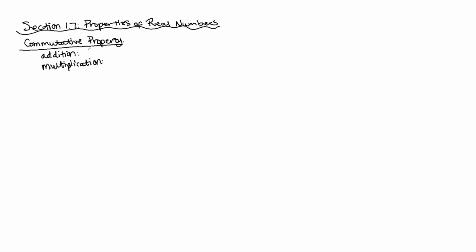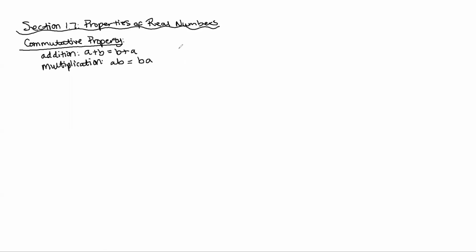So for addition, if we have two numbers, a plus b, this is the same thing as b plus a. And for multiplication, if we have a times b, this is the same thing as b times a.